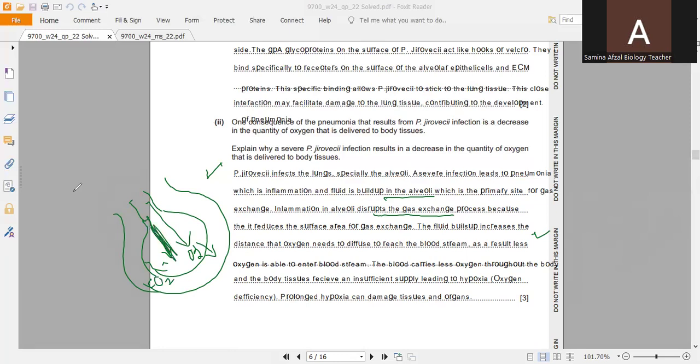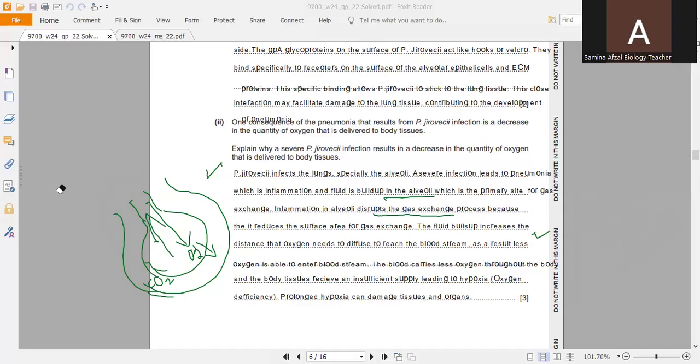Because its concentration inside the body is high, it has to move out. So if this exchange cannot take place, because the surface area for gas exchange is also decreased, because there is inflammation and a fluid buildup inside.